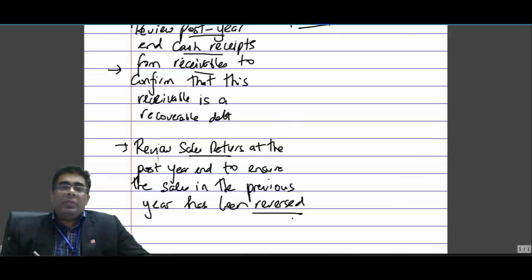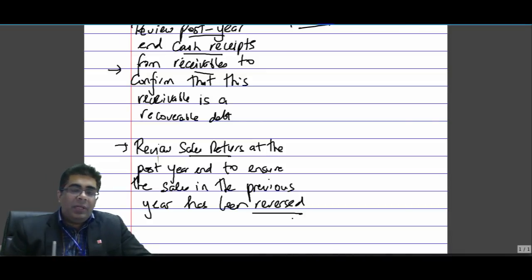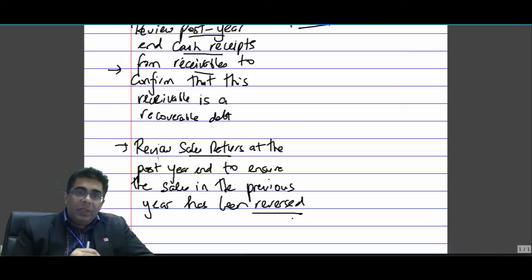Many managements boost up their sales in October, November, December, and then in January, February there are lots of high sales returns, because at the year end they get a bonus out of those sales. So that's one way of faking sales.